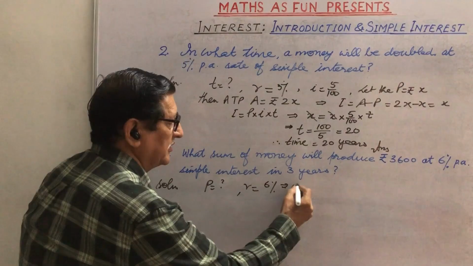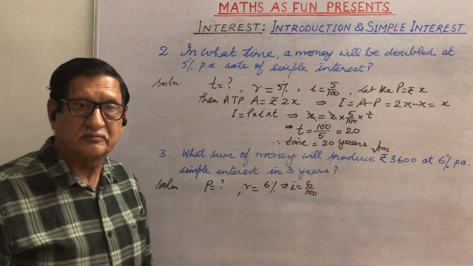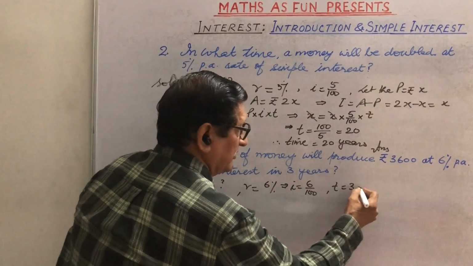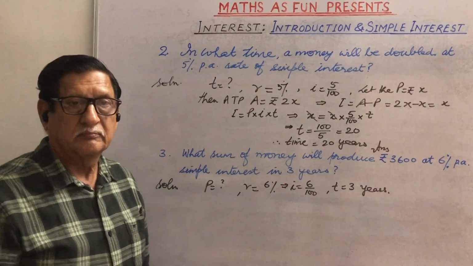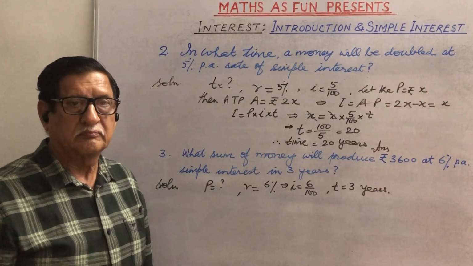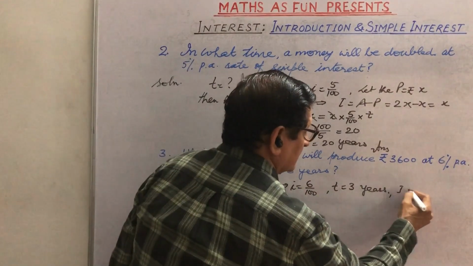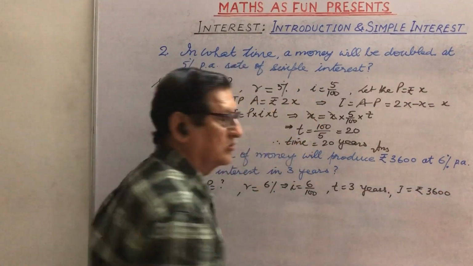It means I is 6 upon 100 or 0.06. Time has been given here as 3 years. And the interest has been given as rupees 3600.